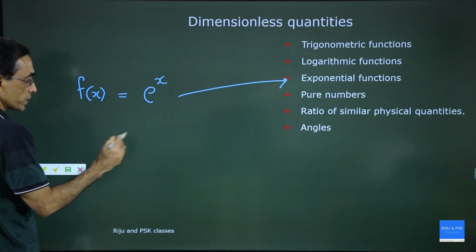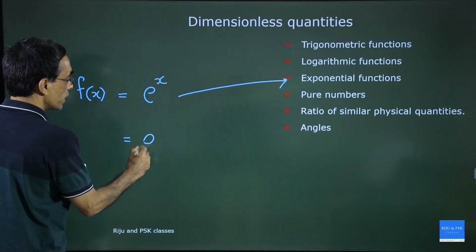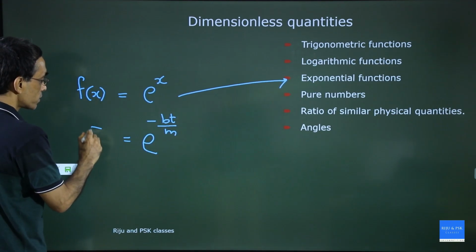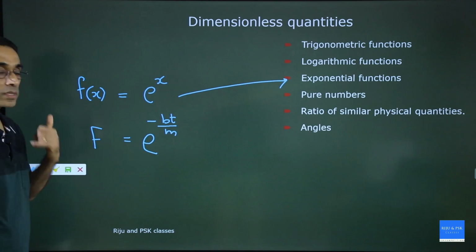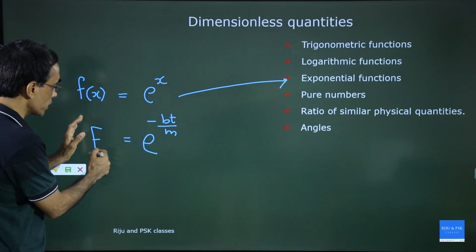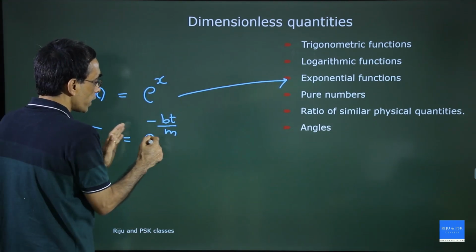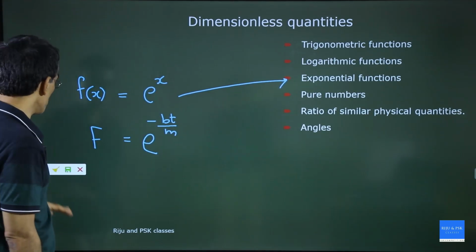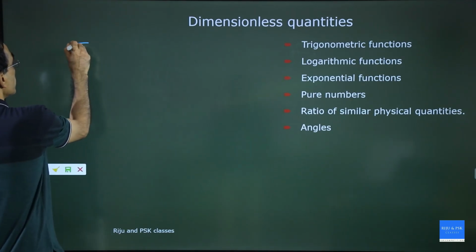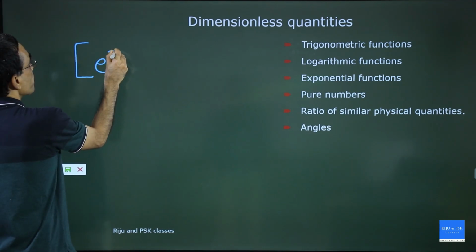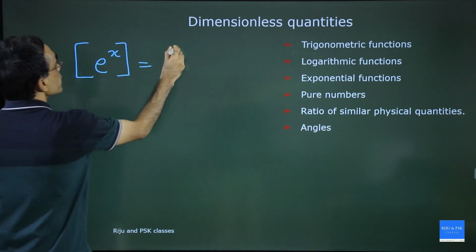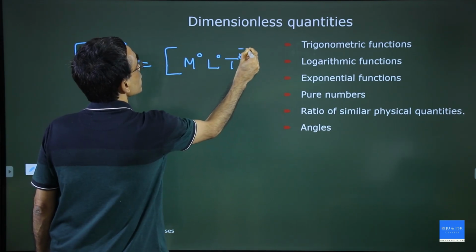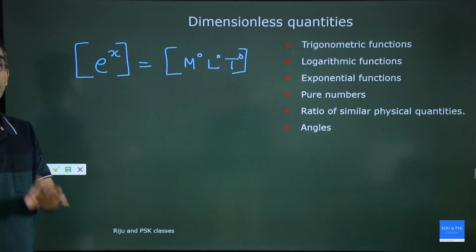In physics, you will see this like e to the power minus bt by m. You get an equation like this. Then don't worry about what this thing is, this is called an exponential function. When an exponential term comes to you, you should remember, exponential function is dimensionless.